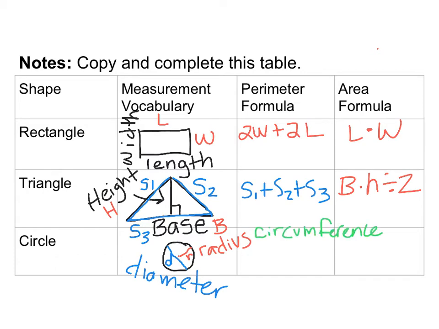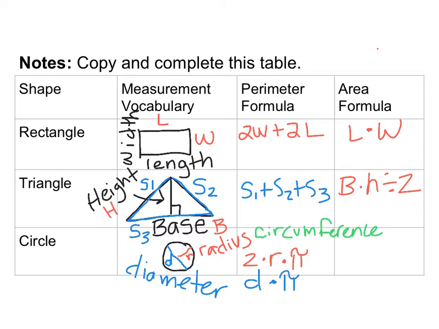So make sure you write down the word circumference, C-I-R-C-U-M-F-E-R-E-N-C-E, and then there's two different formulas for the circumference of a circle. You can do 2 times radius times pi, or you can do the diameter times pi.